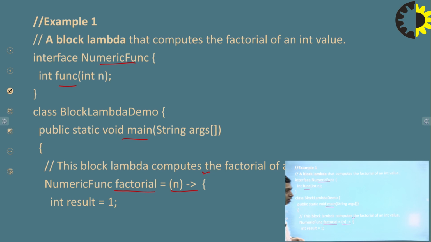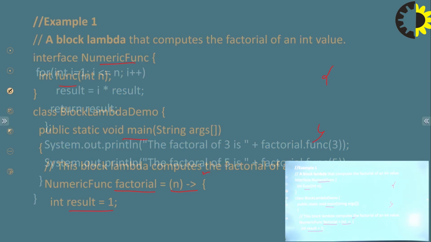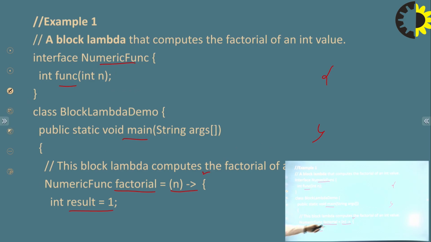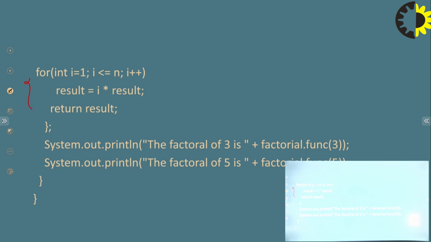Whenever we are using a block lambda expression, the action part must be in curly brackets. Again I am repeating, for a block lambda expression you must have the curly brackets, and all the statements will be within them. Starting with the bracket, we have given the logic result = 1, the logic to find the factorial of a number, because we are making the action to find the factorial of a number.